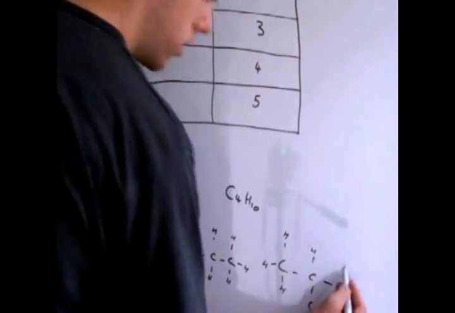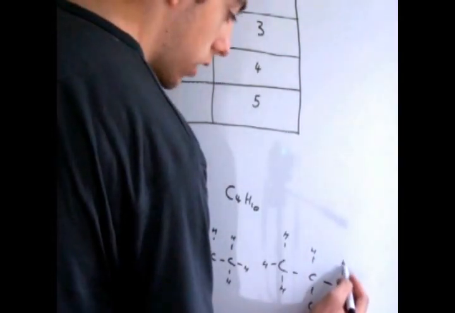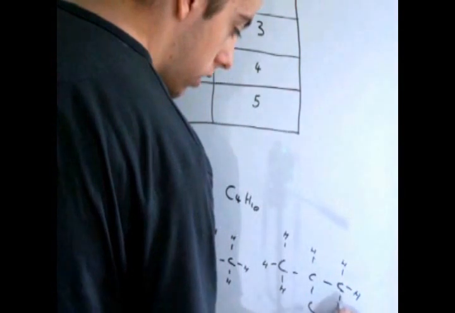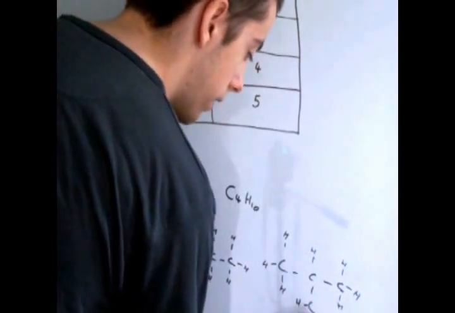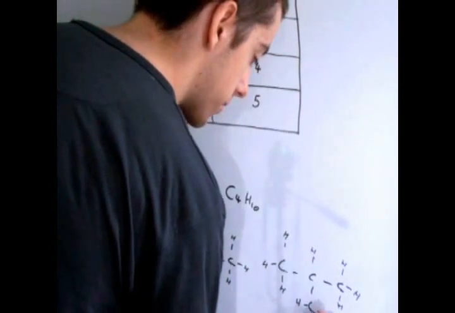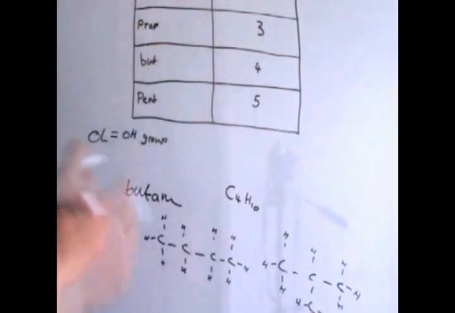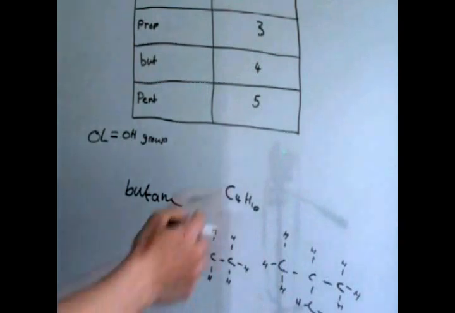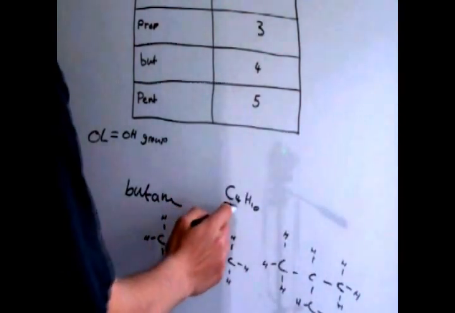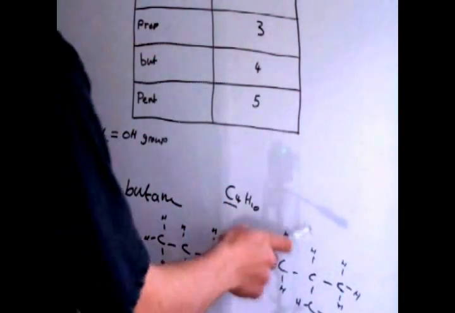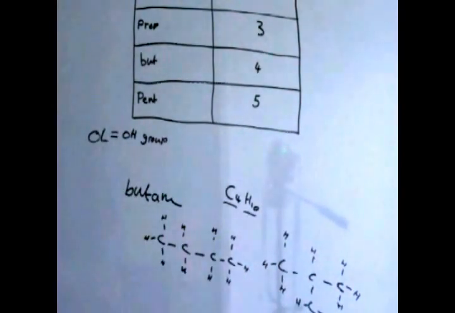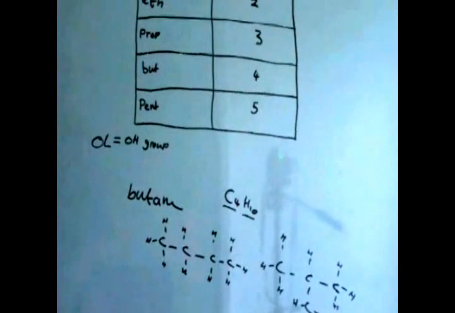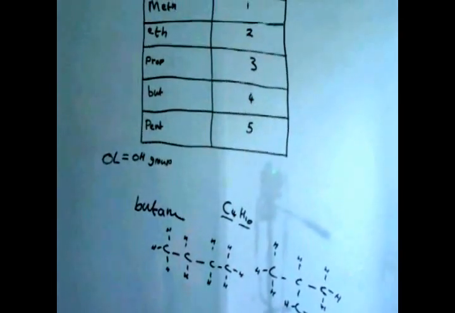That one's used 1 bond, 3 bonds spare for hydrogen. That's used 1 bond, so it's got 3 bonds spare for hydrogen. Now, if we count that up, we'll find that we've got 4 carbon atoms, C4, and 10 hydrogen atoms. So it's the same chemical formula, but a different molecular structure.